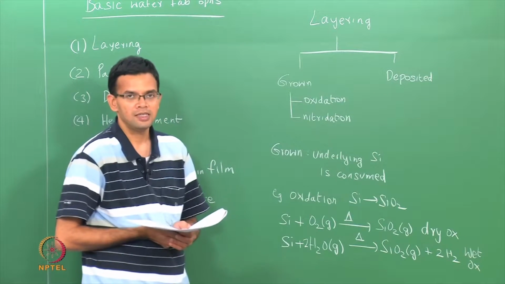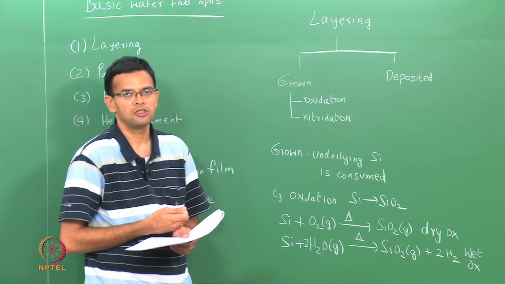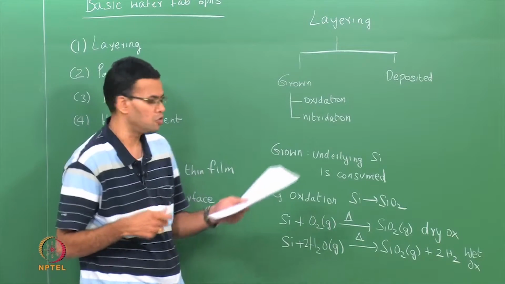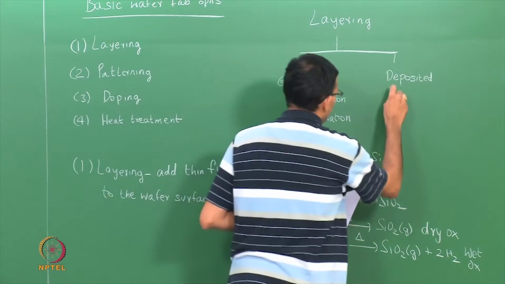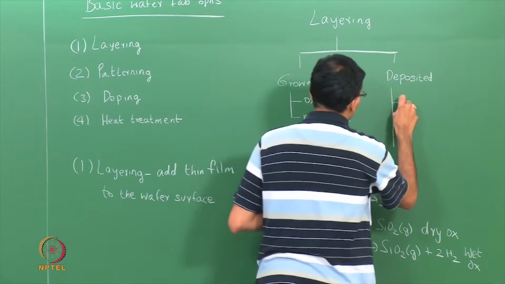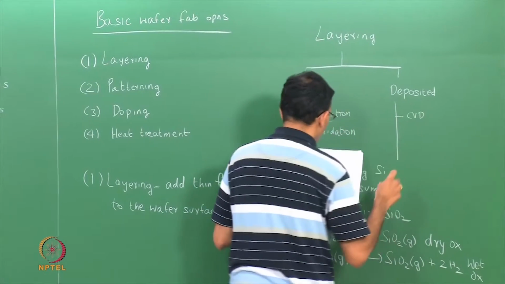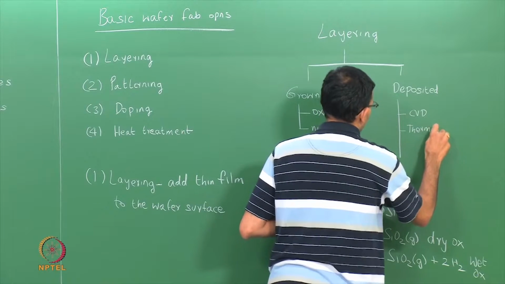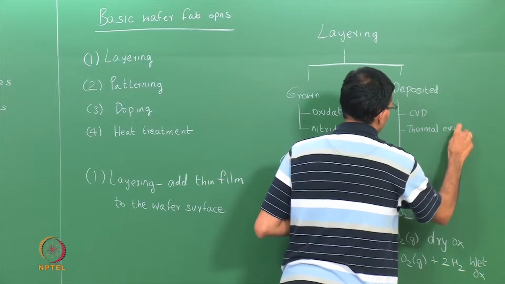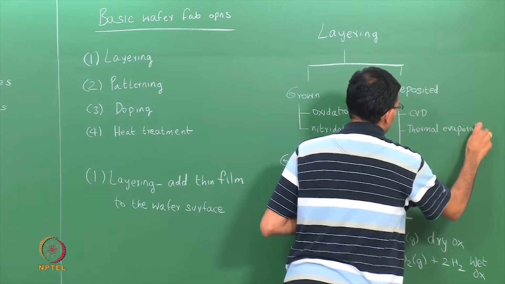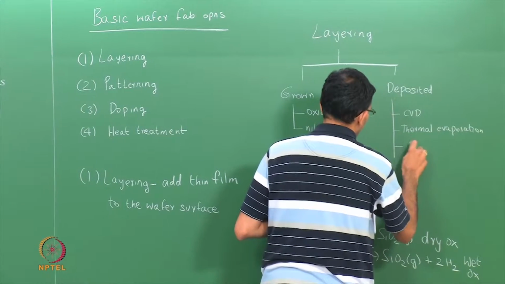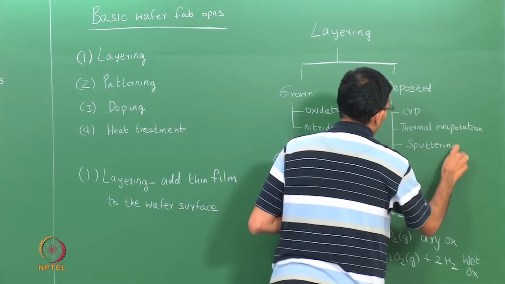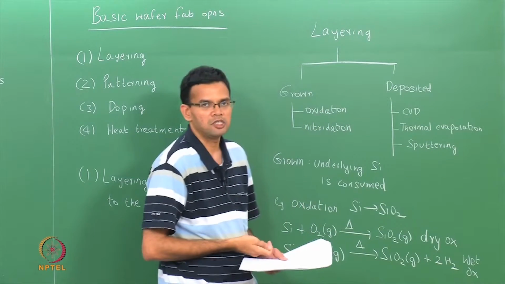Compared to grown layers, deposited layers are those where you deposit the layer onto your wafer surface and do not consume the underlying silicon. There are a variety of deposited layers. So they can be grown by chemical vapor deposition, thermal evaporation, sputtering. Both thermal evaporation and sputtering are actually called physical vapor deposition processes.